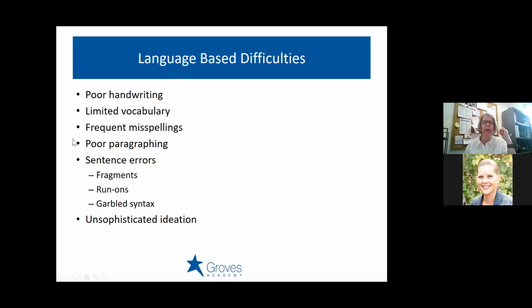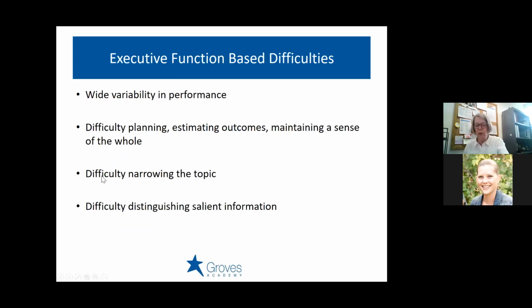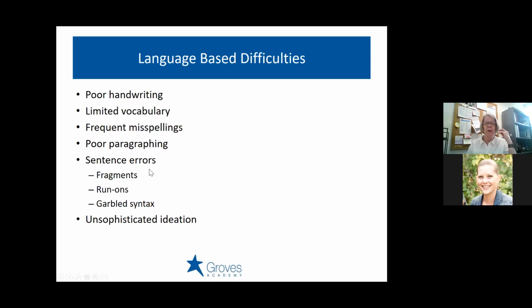Poor paragraphing, in other words, not having good paragraph structure and not really knowing how to structure a paragraph, makes the writing less understandable. And then we have sentence errors, fragments, run-ons, syntax that's garbled, no verbs, no subjects.